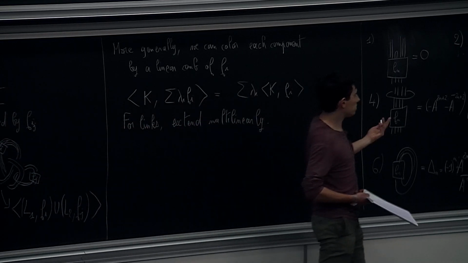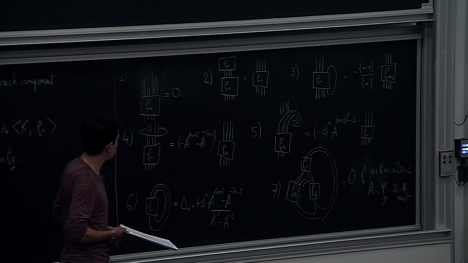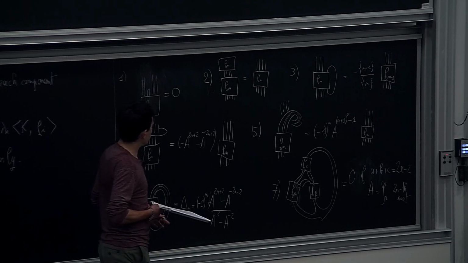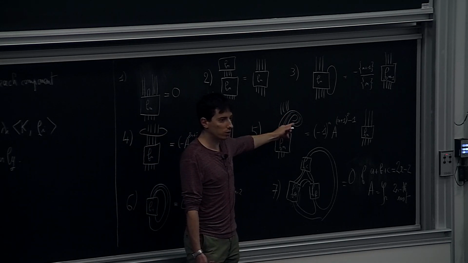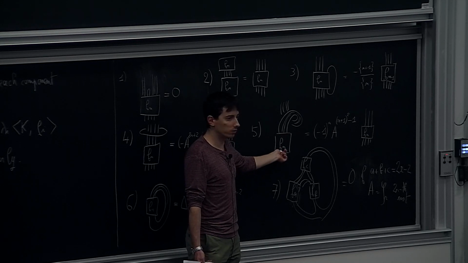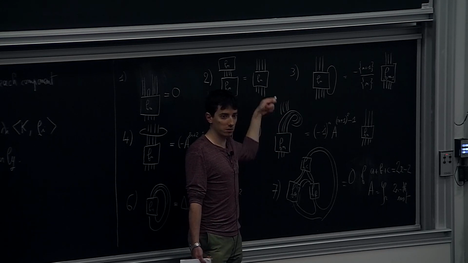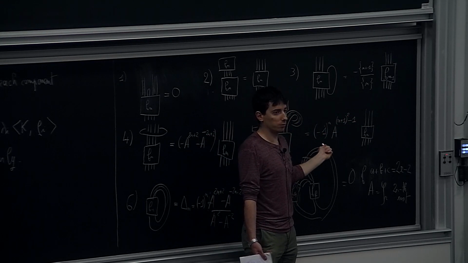And the reason I'm introducing those Jones-Wenzl idempotents is because of all of those relations. Some of the important relations are, for example, this one. When you have something colored by the Jones-Wenzl idempotent f_n and you put a twist, it just multiplies everything by a factor.